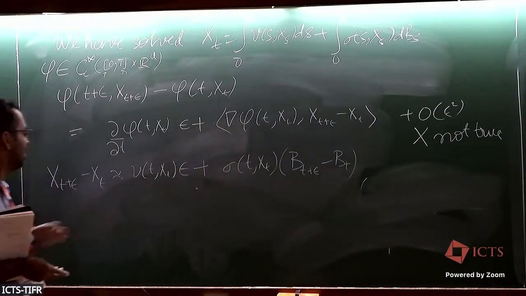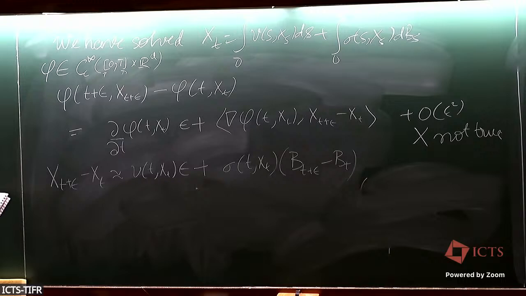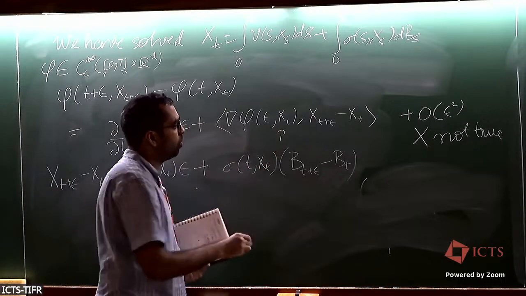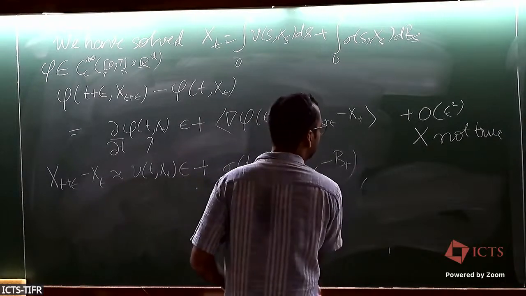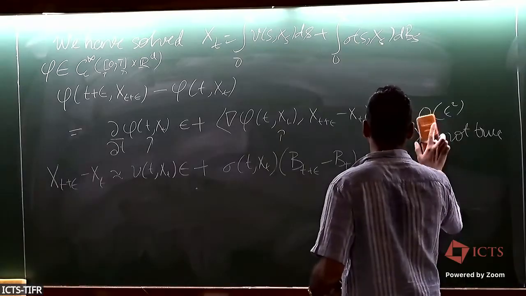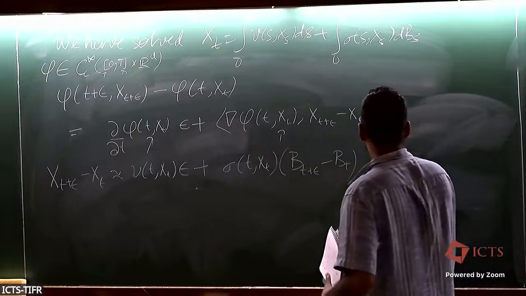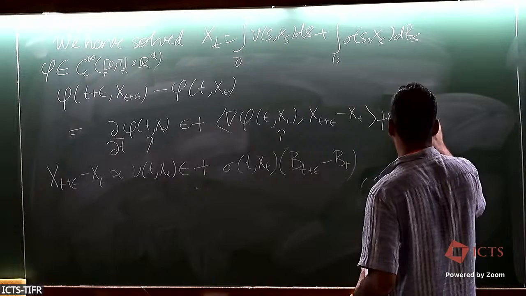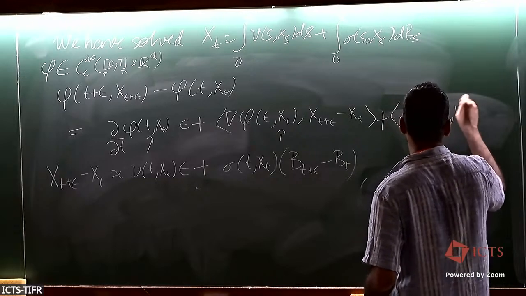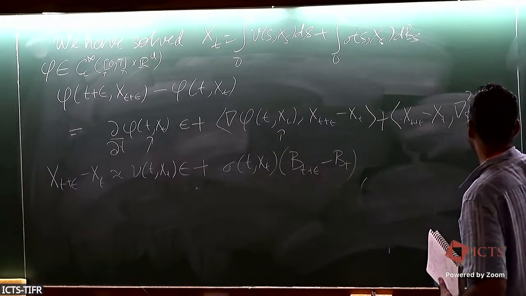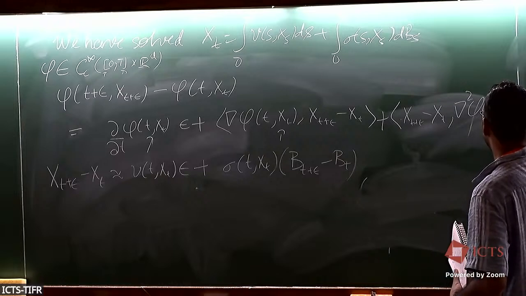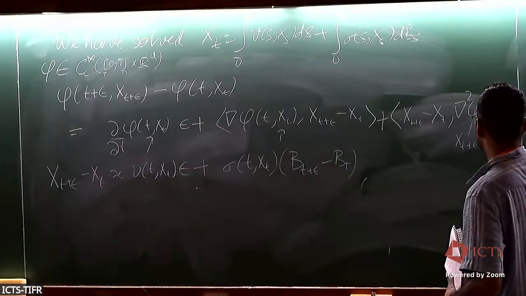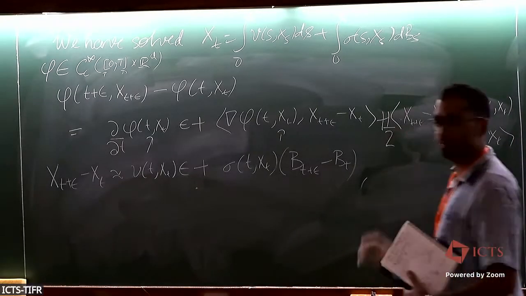Okay, so now this is fine. Let's see what the second order term is here. This would involve a Hessian. This is plus X_{t+epsilon} minus X_t times the Hessian at (t, X_t) times X_{t+epsilon} minus X_t, times 1 over 2.